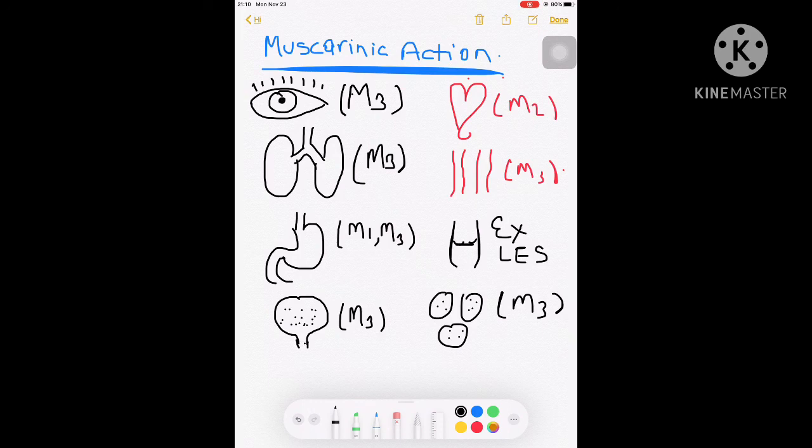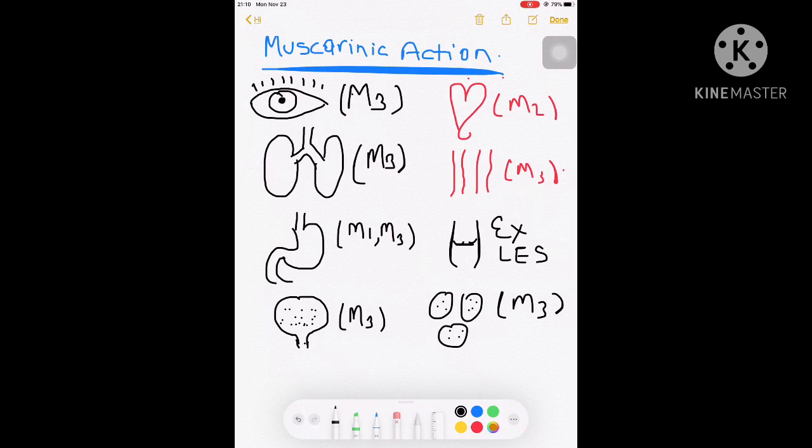Okay, so I'll tell you now how to remember these things. Remember that the parasympathetic nervous system is a nervous system of rest, digest, and eliminate.